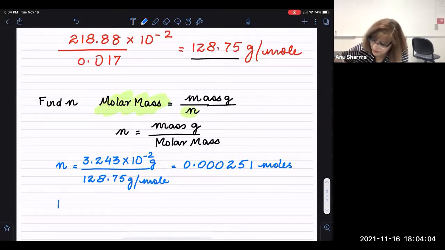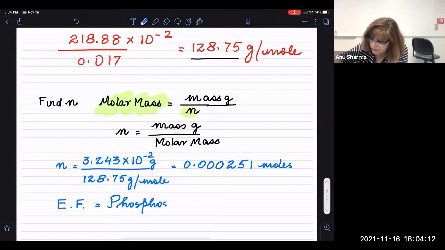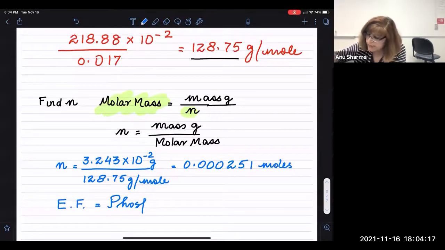Next is we need the empirical formula. Since it's just the phosphorus by itself, and an empirical formula is the lowest whole number, phosphorus. So phosphorus is just P, and that is just P1 basically.